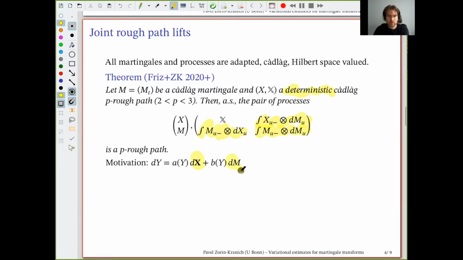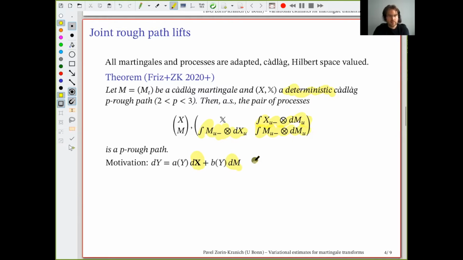In fact, if you want to do this, then this result basically allows you to do this pathwise. If you don't want to do it pathwise, there is a different theory which allows you to use coefficients B of lower regularity, which is being developed by Peter Friz, Collet, and Antoine Wauquiez.